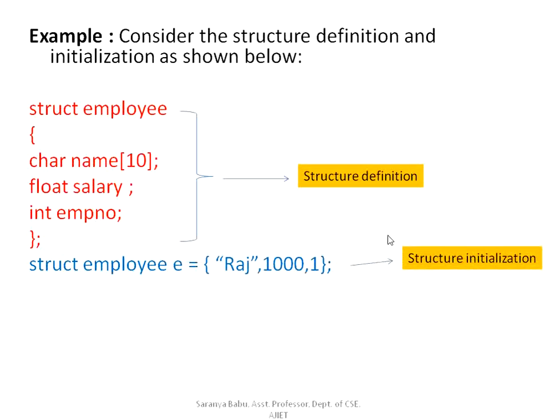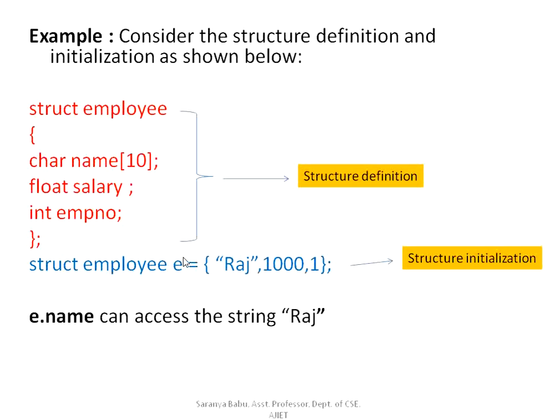So this is structure initialization. Clear? Now suppose I want to know that particular employee's name, how should I use it? What is the structure variable here? Always remember, E is the structure variable.